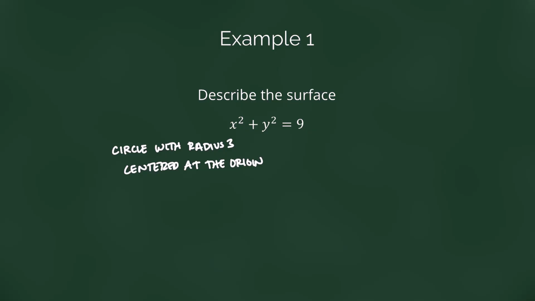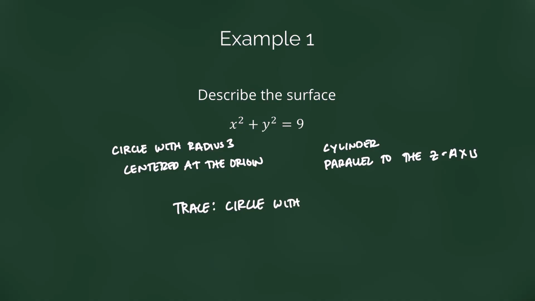Since we're in three-dimensional space now, we know that this is going to be a cylinder, and it's going to be parallel to the z-axis because z is the variable that's missing. So each of our traces is going to be a circle with radius 3, and its center is going to be on the z-axis.